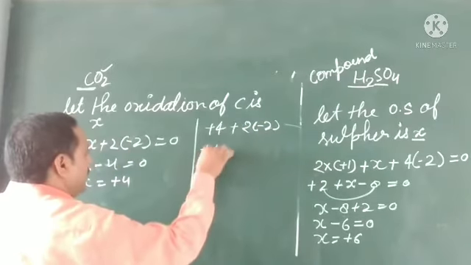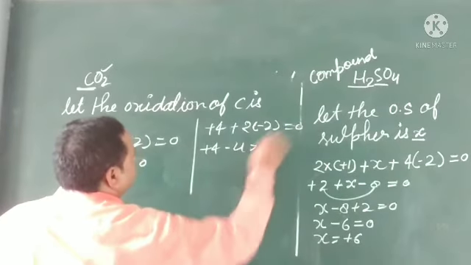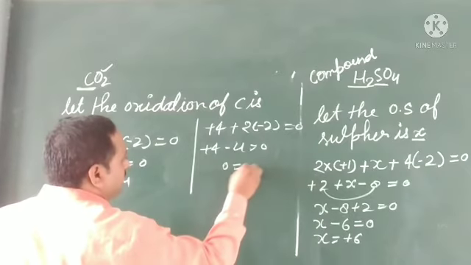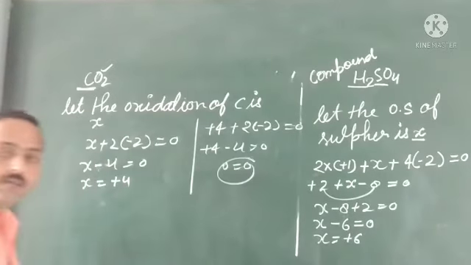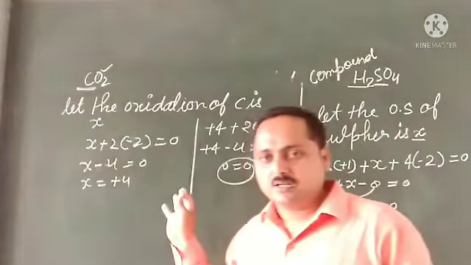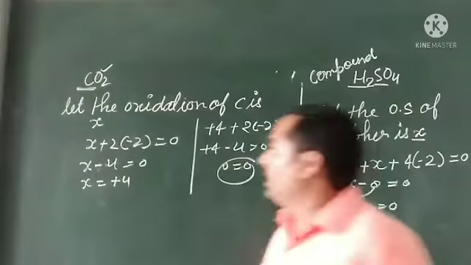So plus 4 and minus 4 equals 0. Okay, and here 0 equals 0. So now it is clear. So we can calculate the oxidation state.